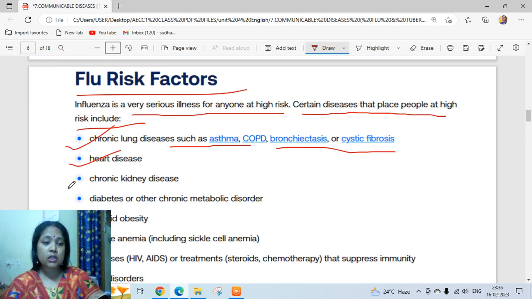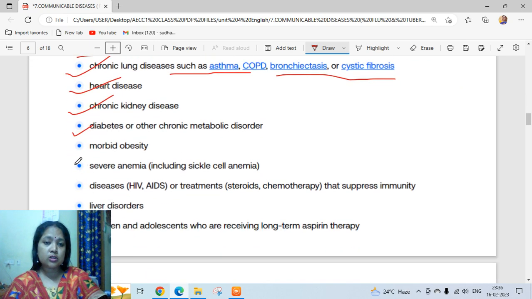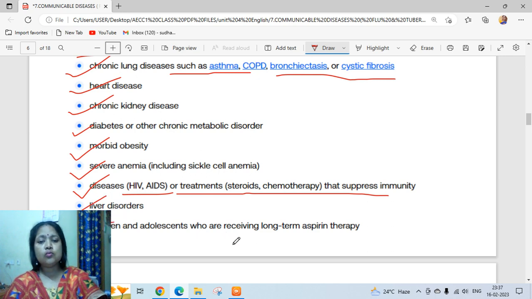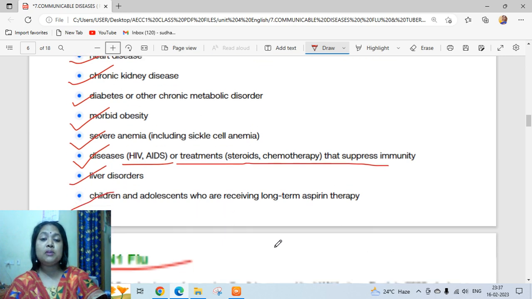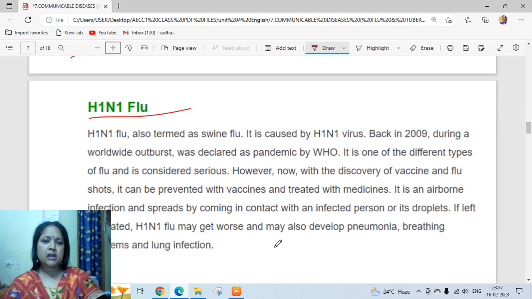Then chronic kidney disease, diabetes or other chronic metabolic disorder, morbid obesity, severe anemia, diseases like HIV AIDS or treatment like steroids and chemotherapy that suppress your immunity. Then liver disorders, and children and adolescents who are receiving long term aspirin therapy. These are risk factors.